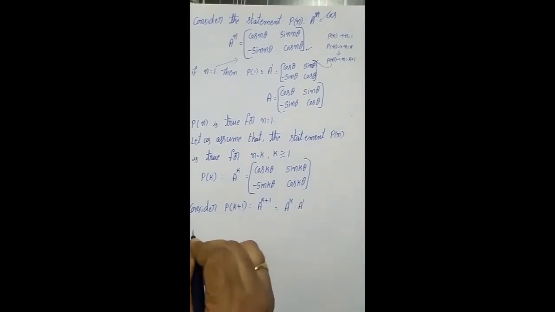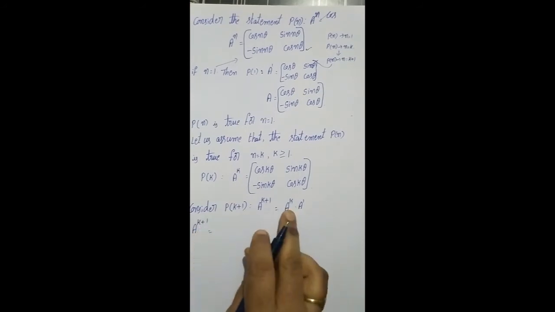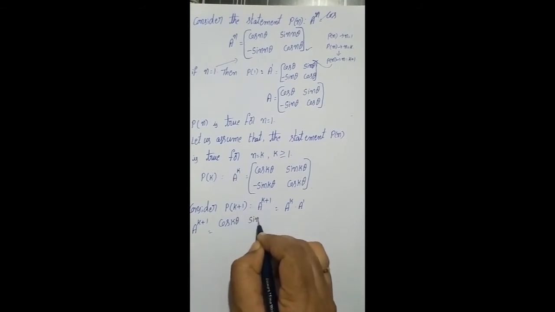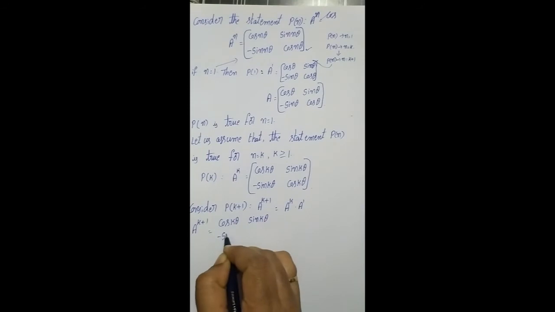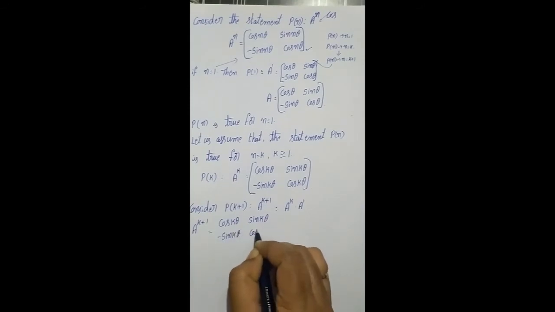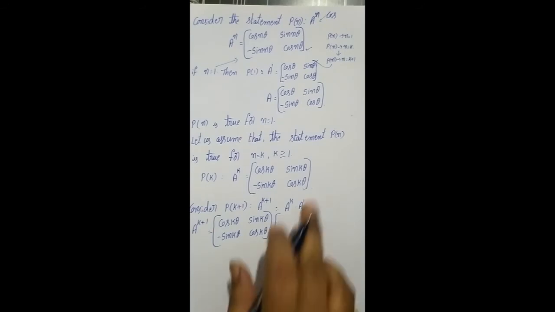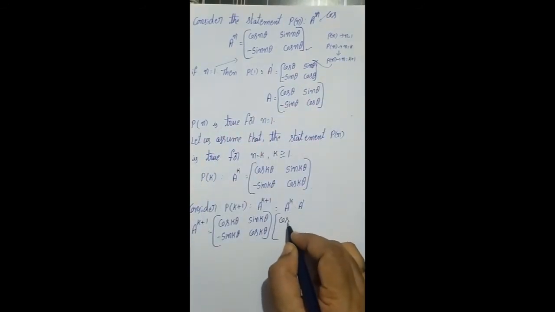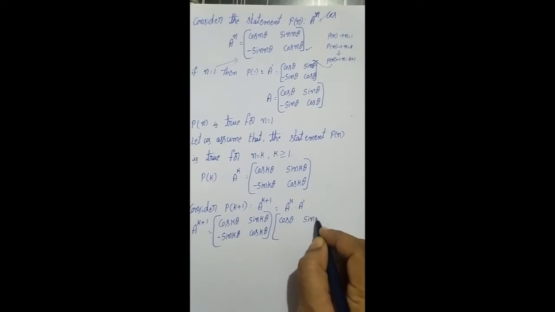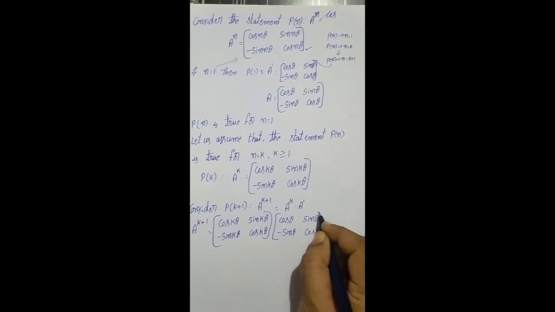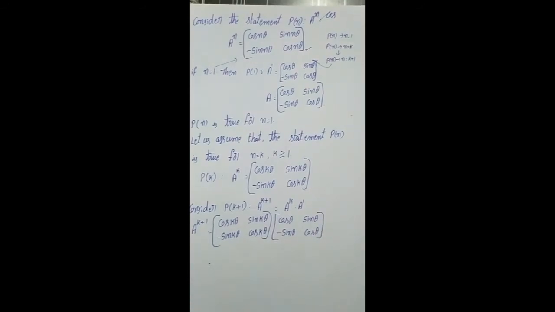A power k is cos k theta, sin k theta, minus sin k theta, cos k theta, into A power 1, which is nothing but matrix A. Matrix A is cos theta, sin theta, minus sin theta, cos theta. We have to multiply these two matrices.